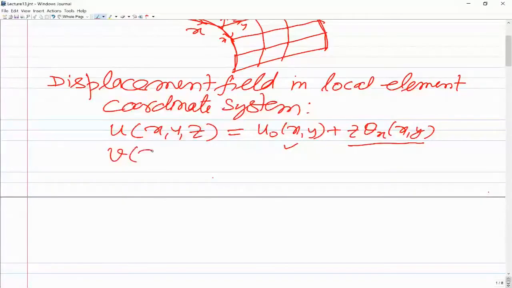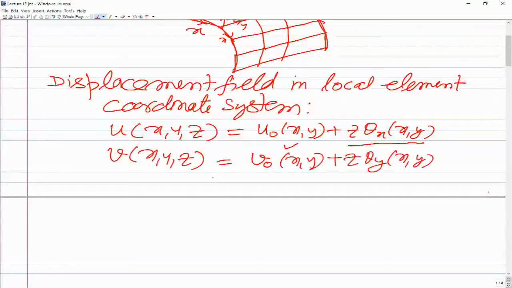So then v(x,y,z) will be similarly equal to v naught(x,y) plus z into theta y(x,y). And you remember this theta x is the rotation about positive y axis, and theta y is the rotation about negative x axis. So that's the convention we have used. And of course w, the transverse displacement, is assumed to be only a function of x and y.